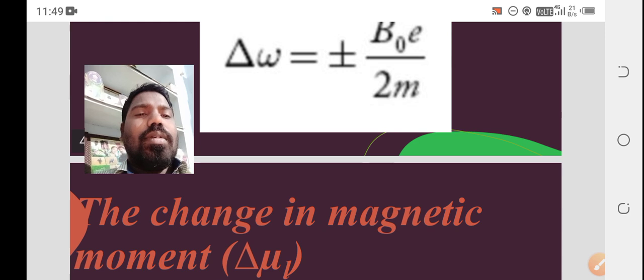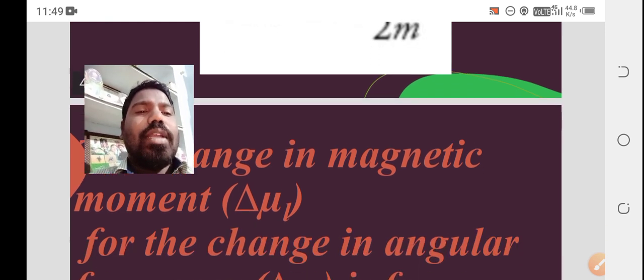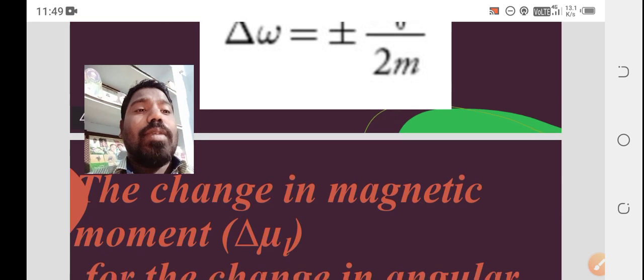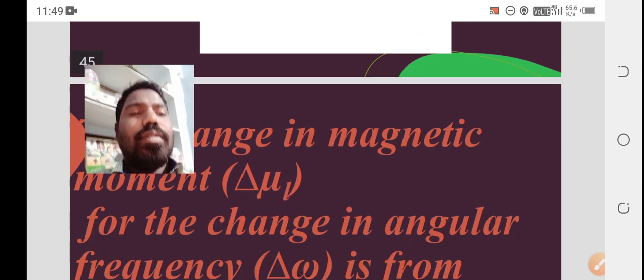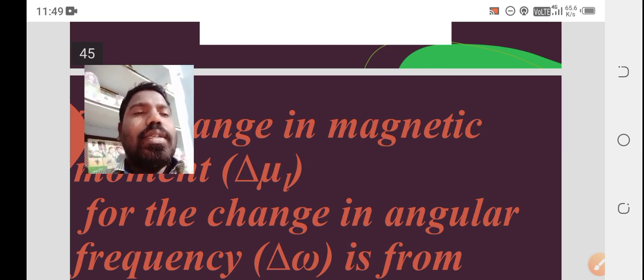Because of this del omega, because of the magnetic moment mu L, the change in magnetic moment is delta mu L. So mu L is nothing but the magnetic moment, and the change in magnetic moment delta mu L is for the change in angular frequency.